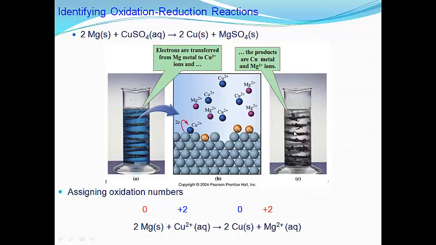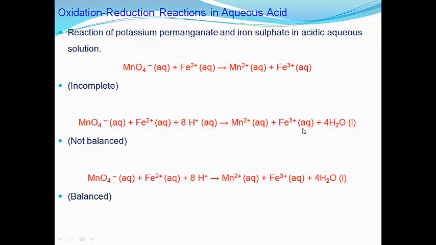And so we have this clear, colorless solution of magnesium sulfate, as opposed to the blue solution of copper sulfate, and as well copper deposits on the magnesium.